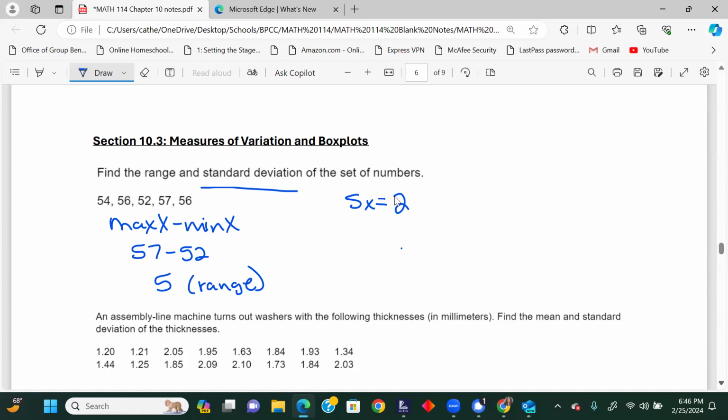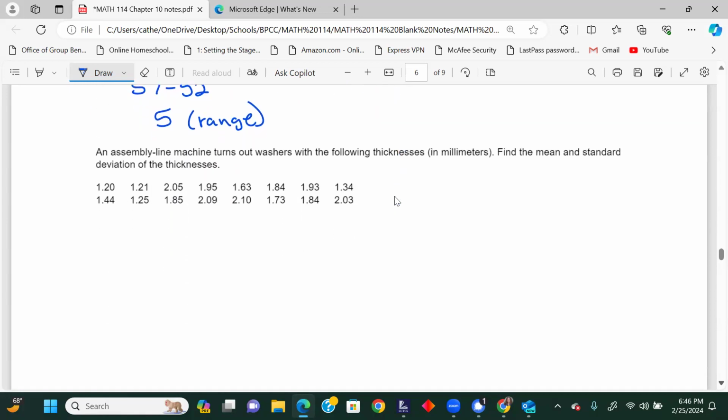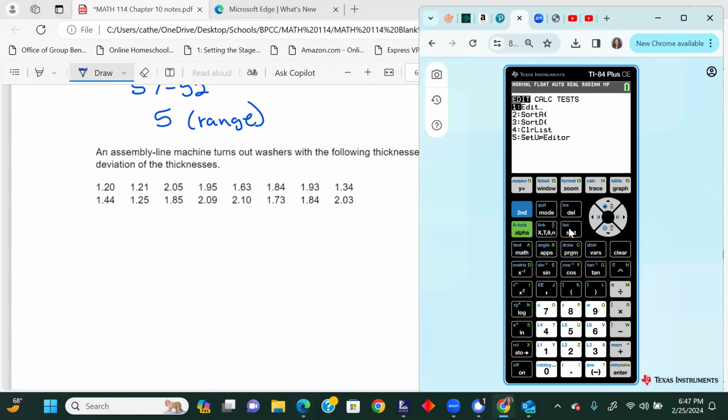An assembly line machine turns out washers with the following thickness in millimeters. Find the mean and standard deviation of the thicknesses. All right, so Stat, Edit, arrow up, hit Clear, then Enter.